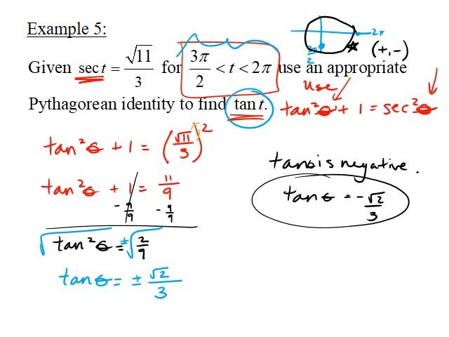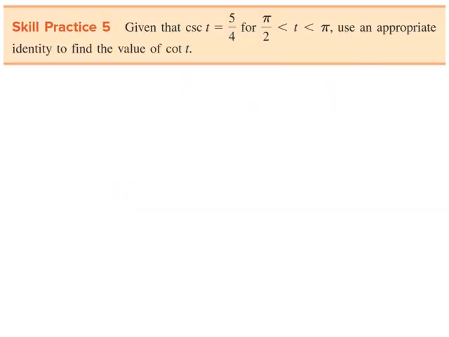Let's look at another example. Go ahead and pause this and see if you can come up with a solution. Since we're given cosecant and we want to find cotangent, we are going to use 1 plus cotangent squared of theta is equal to cosecant squared of theta.